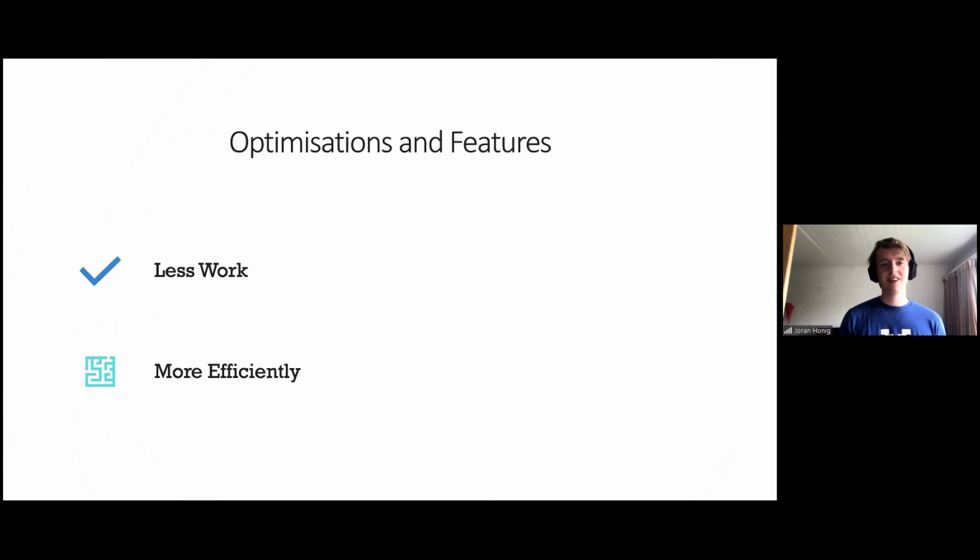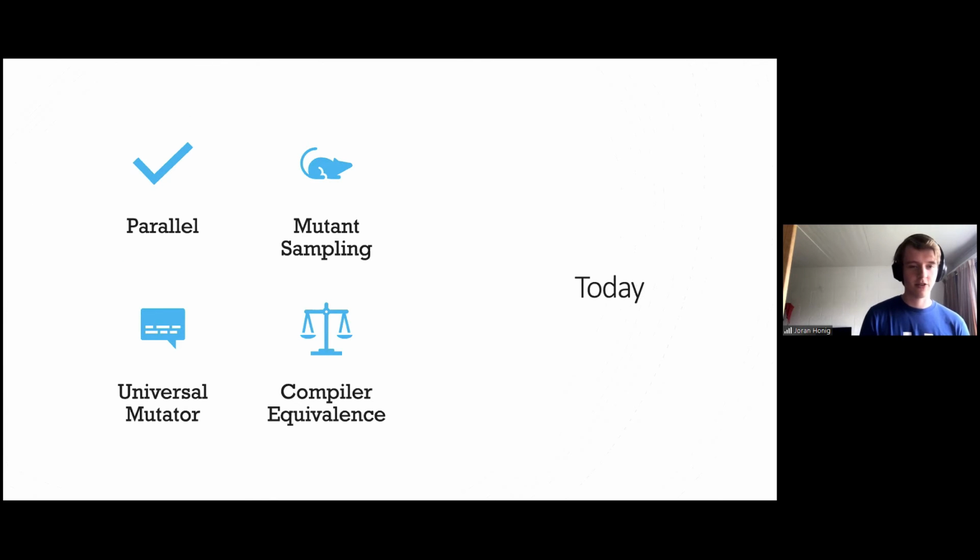The mutation testing can be optimized to do less work, or it can be optimized to do the work it has to do more efficiently. And this kind of helps put a frame of reference to the rest of the discussion.